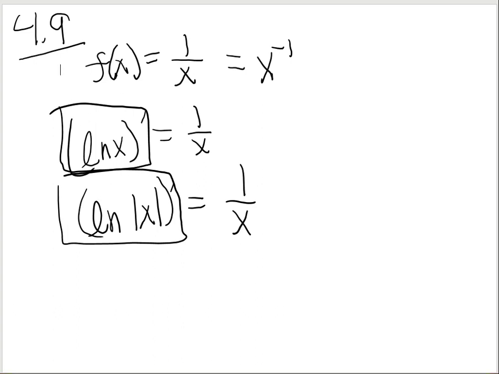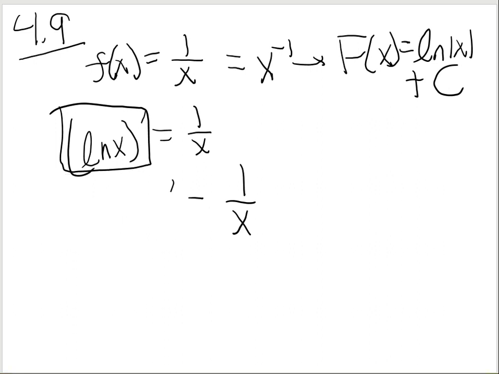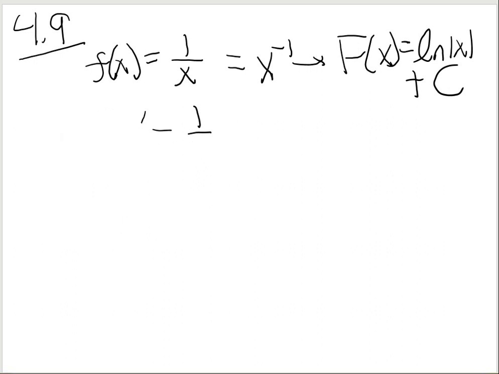So in general, we'll say that the antiderivative of this thing is going to be natural log of the absolute value of x plus c. And that's just coming from knowing what the derivative of natural log of the absolute value is.